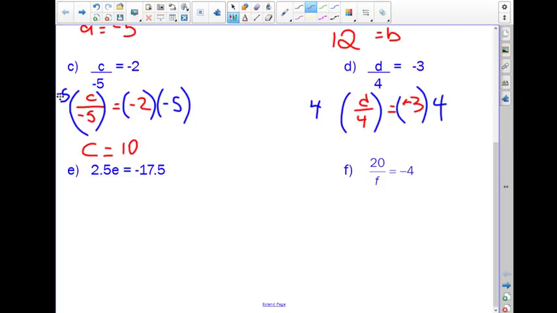And when I multiply both sides by 4, the 4s here do cross out or divide out because 4 divided by 4 is 1. So we're left with just D. And on the right side, we're multiplying negative 3 and 4. So 3 times 4 is 12. And it's negative because it's a negative times a positive, which is a negative.